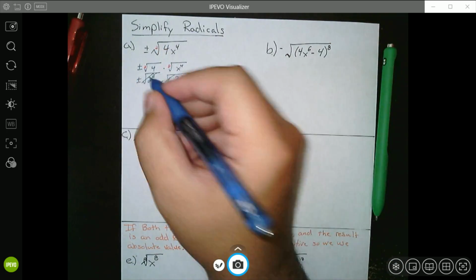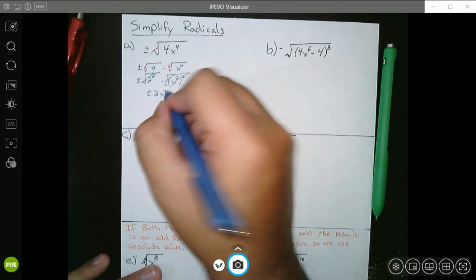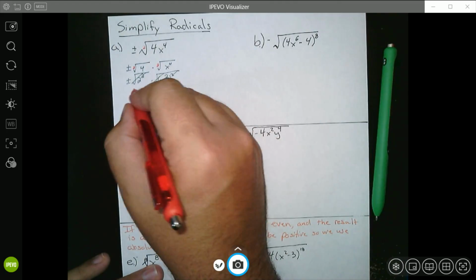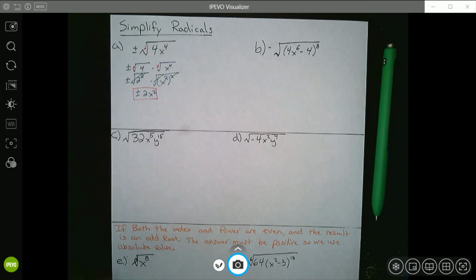So on this one we should have plus or minus 2x squared, and that's it. We're going to see a few examples of this, so hopefully it'll get easier to understand. Explaining it feels a little more complicated, but when you start working these out and understanding them, they become really quick problems because they're not very difficult. It's just how you have to work them out.